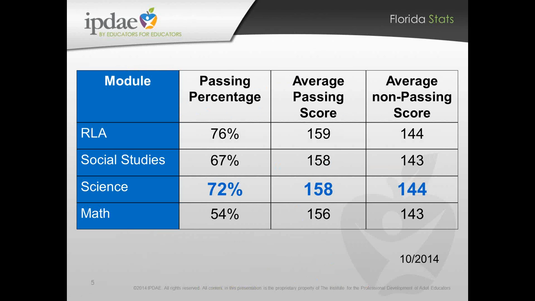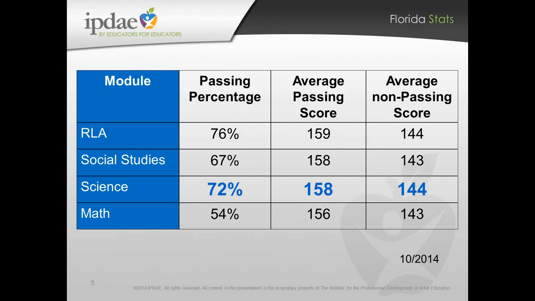Bonnie, just a quick comment here. In looking at that average passing score, that's not that far away from GED with honors. You know, it really isn't. That's true. We're talking about 12 points.